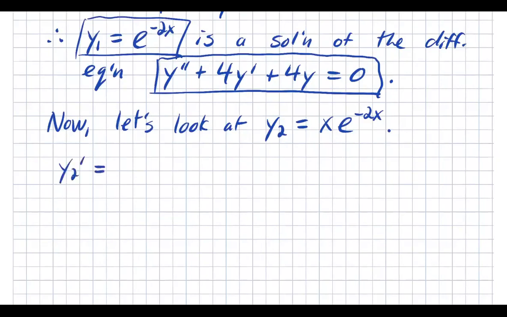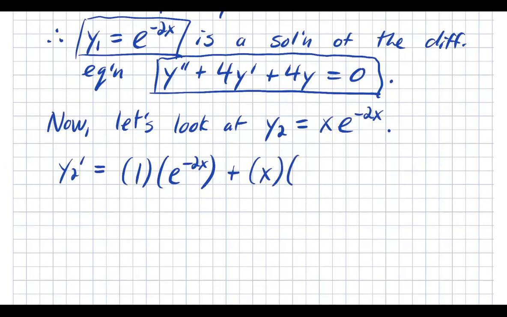So for the first derivative, we have to use the product rule. The product rule says we're going to take the derivative of the first function and multiply that by the second function. The derivative of x is 1, multiplied times the second function. And then we add that to the first function times the derivative of the second function.